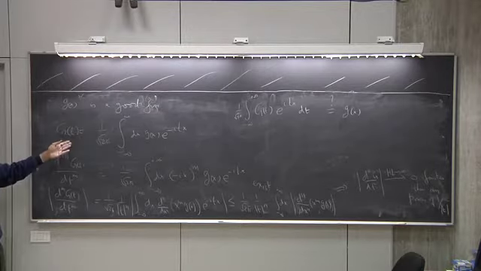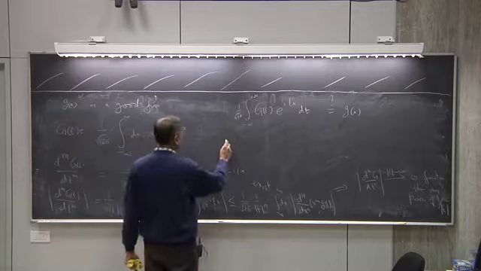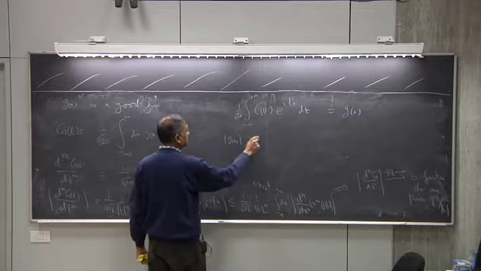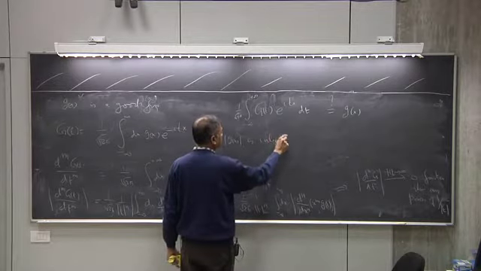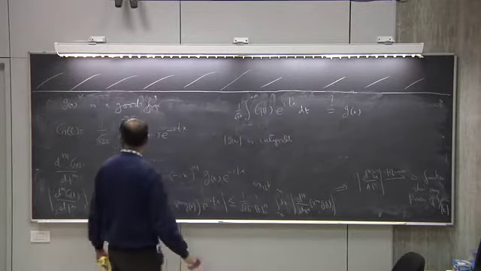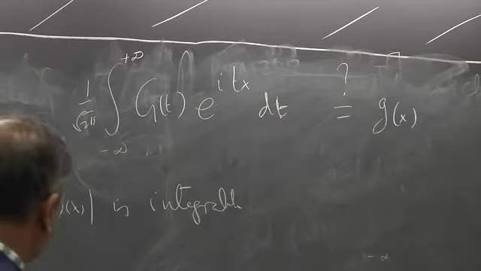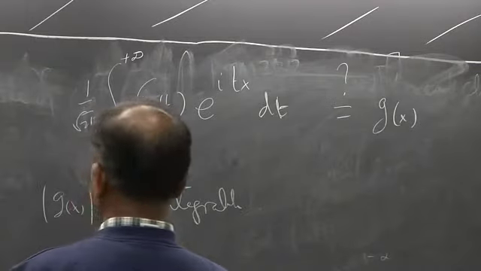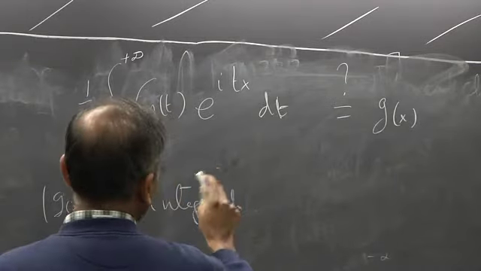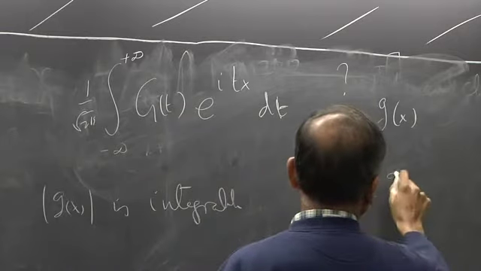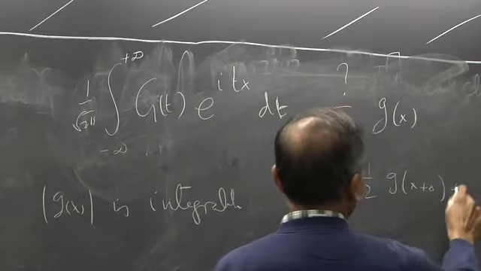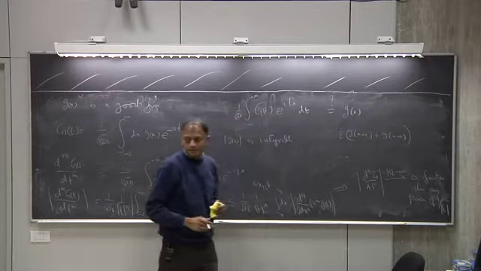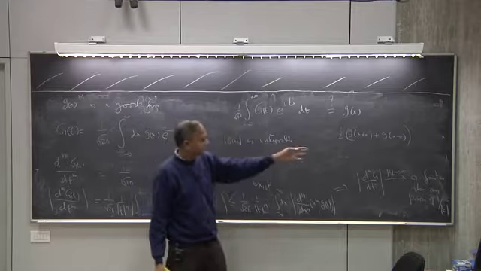Then, if the modulus of this function is integrable, the inverse Fourier transform, so first you define that, gives you half of g of x plus 0 plus g of x minus 0. But that's okay because g is continuous anyway. So then it will give you g of x.